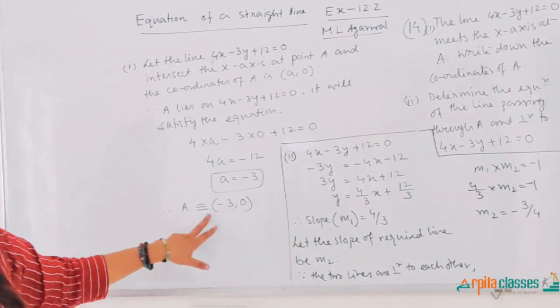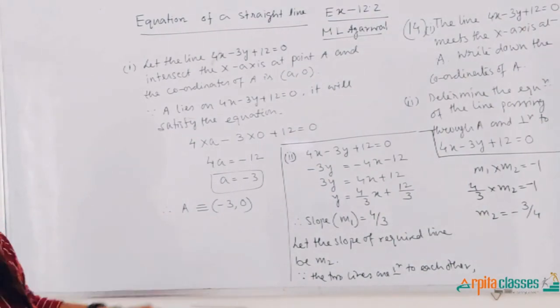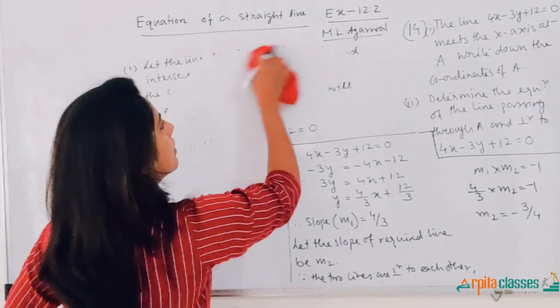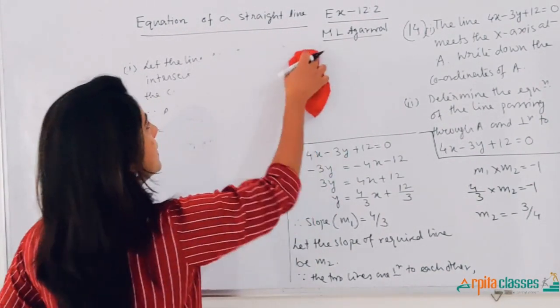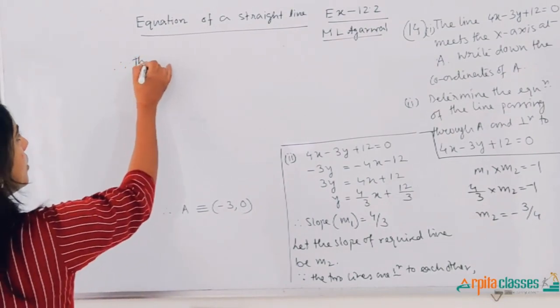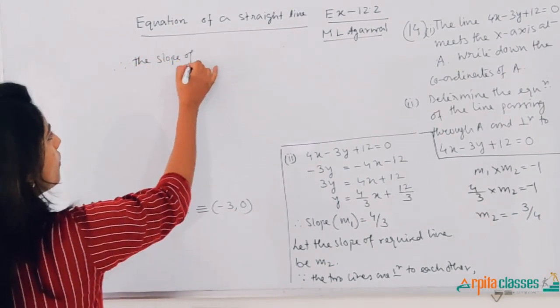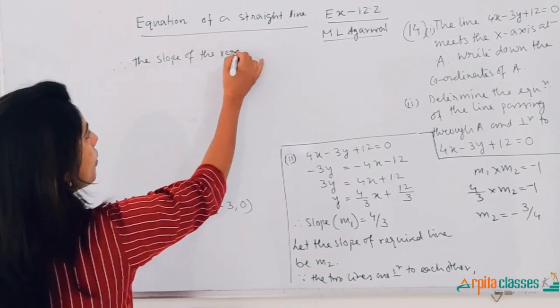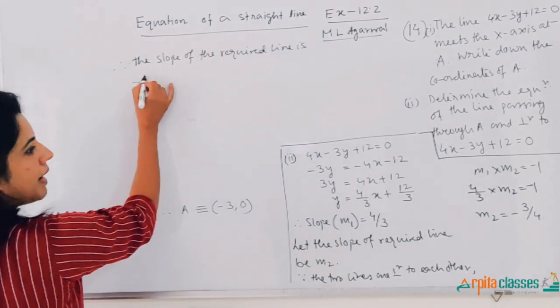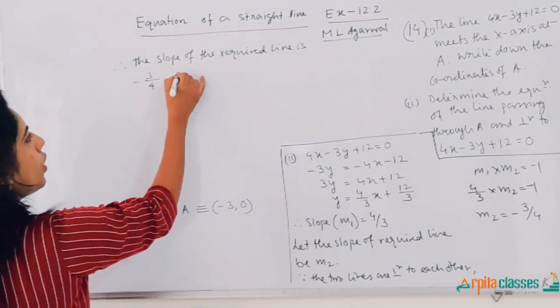Also the required line passes through minus 3 comma 0. So I'll write it here. The slope of the required line is minus 3 upon 4.